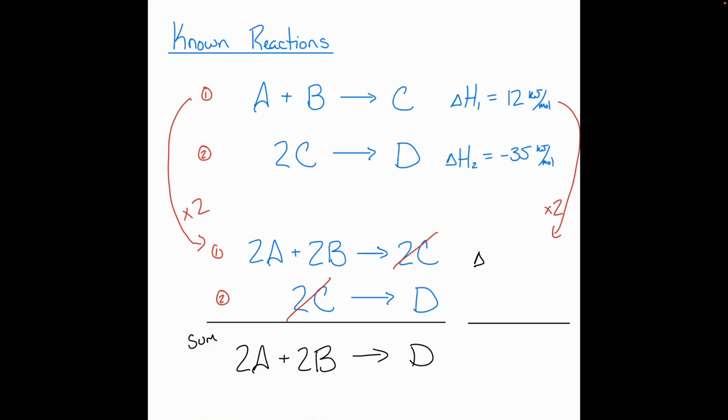All right, so now this becomes delta H1 equals 24 kilojoules per mole. I didn't touch the second reaction, so that's going to remain that negative 35 kilojoules per mole. All right, which means that when I sum these up, I'll get an overall delta H of this overall reaction equal to negative 11 kilojoules per mole.